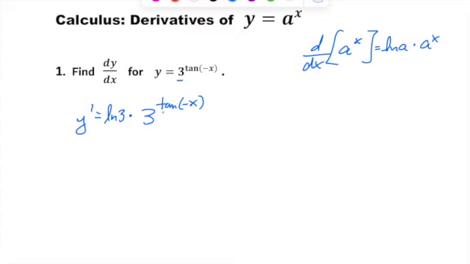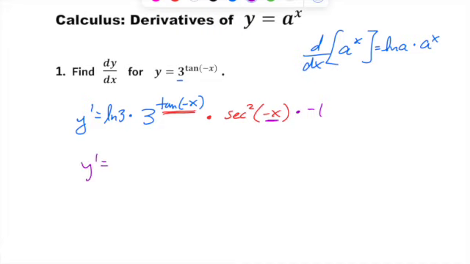And if that exponent isn't just plain old x, then you have to use the chain rule. So now I have to multiply by the derivative of tangent of negative x. The derivative of tangent of something is secant squared of that same something. And on the inside, it is another little chain rule, multiplying by the derivative of negative x, which is negative 1.